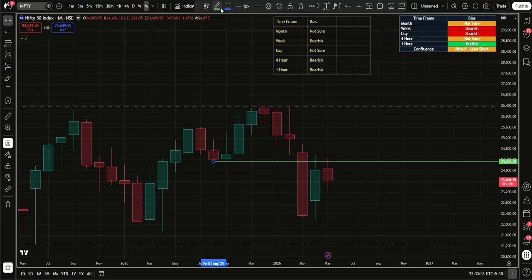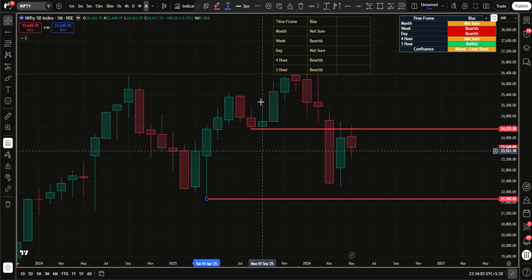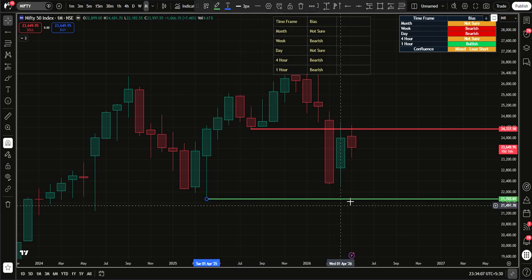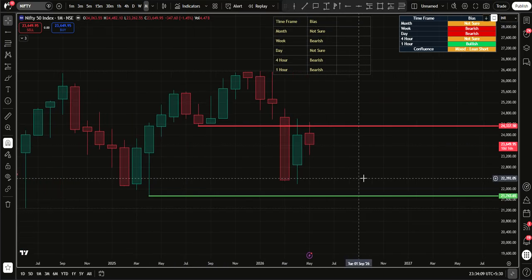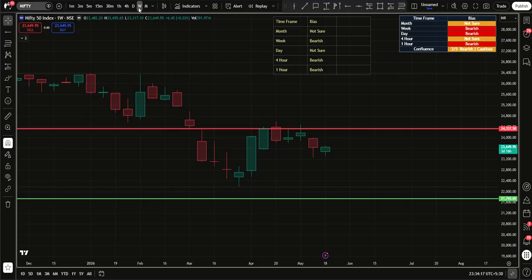So let me just mark it in red and mark it with a thicker line. Where are the buyers? The buyers that I'm sure of are right here in the swing low. I'll mark it in green. Swing highs and swing lows are essentially zones of liquidity, and that's exactly what we marked here. It's as simple.